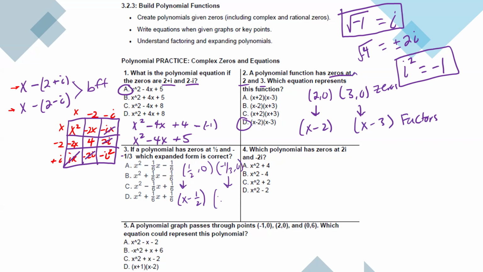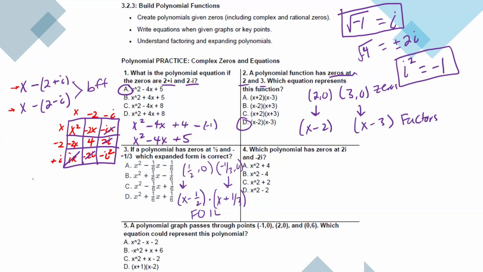So we have x plus 1/3. Okay. And then at that point, how do you find the polynomial? What would you do? You would either, quote unquote, FOIL or use multiple distribution, right? If you don't like doing FOIL or multiple distribution, you do always have the handy dandy box that you can fall on. Does that make sense?